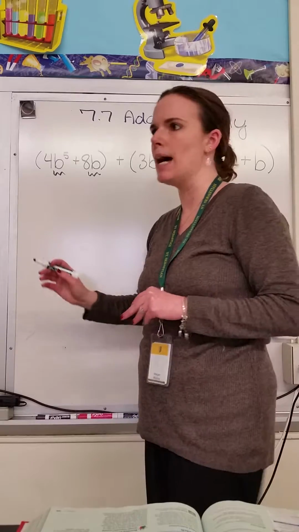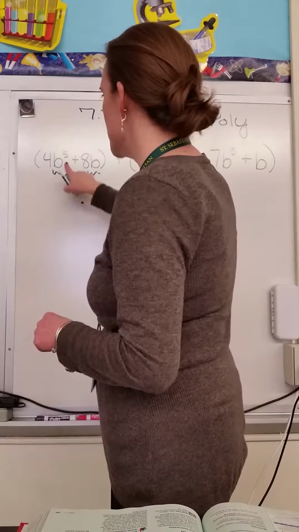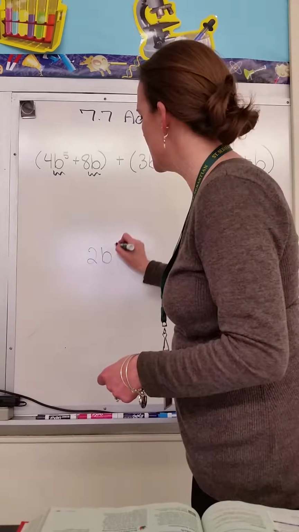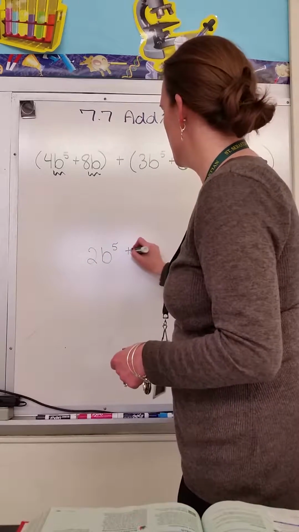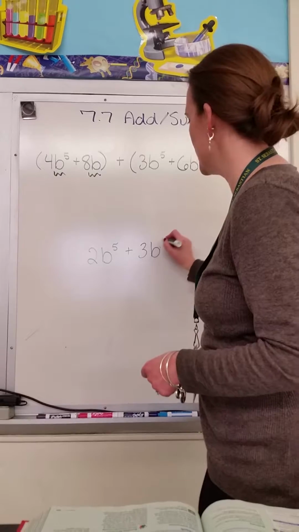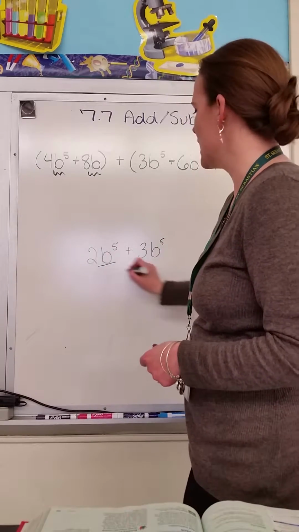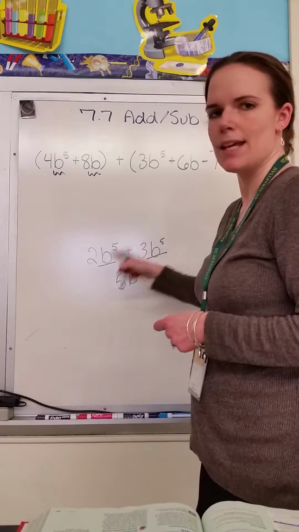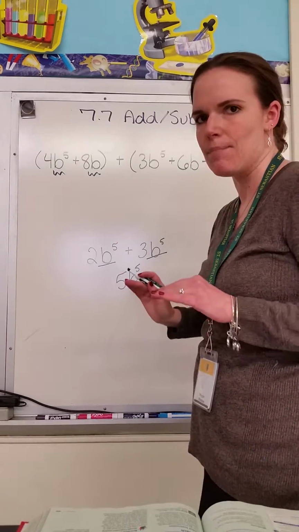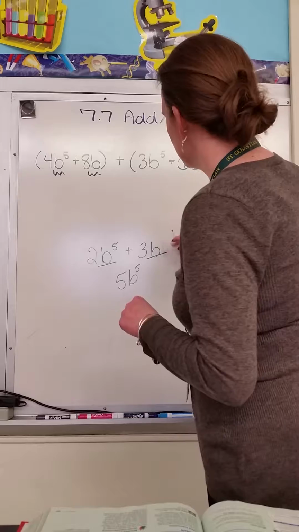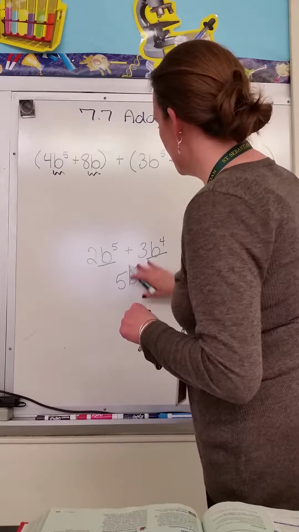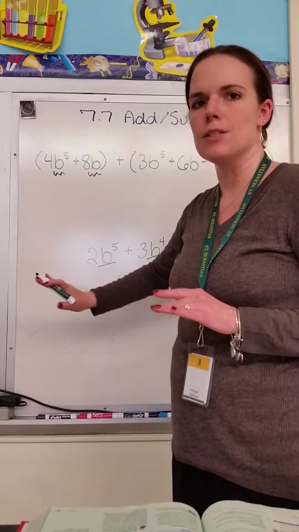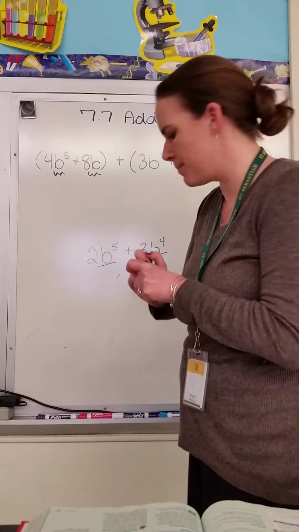So for example, if you had 2b to the fifth plus 3b to the fifth, you could combine and get 5b to the fifth. You can only combine things when they're exactly the same. If this was a b to the fourth, you couldn't combine terms.